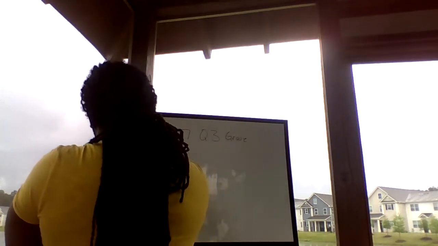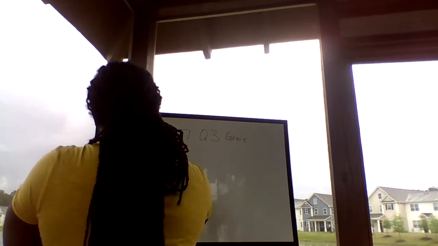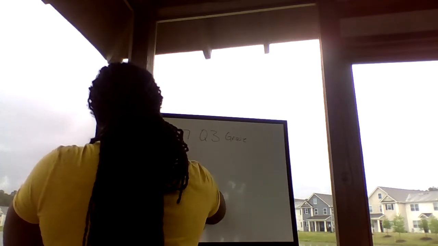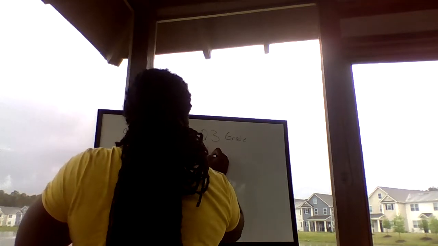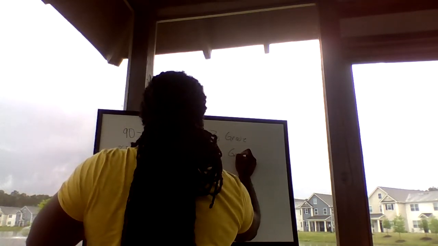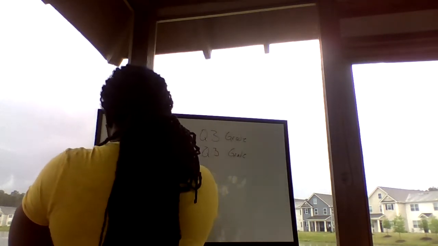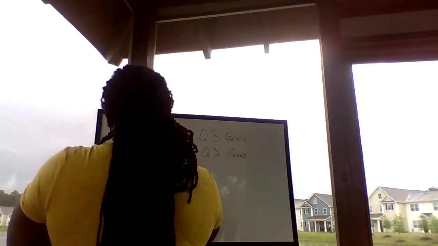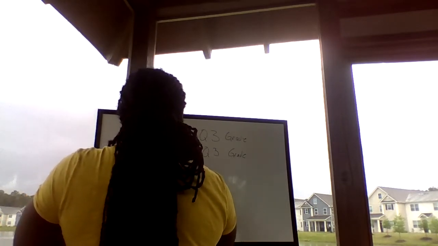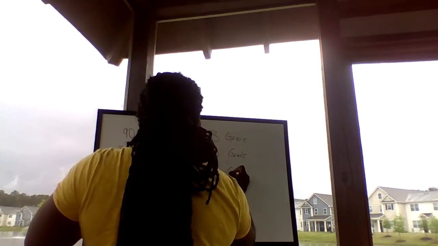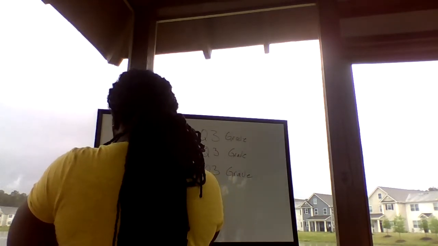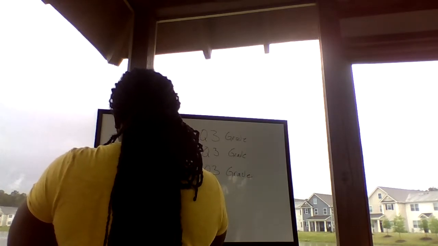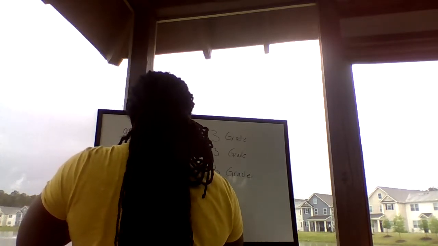If you make anywhere between an 80 and an 89, we're going to add 5 points to your quarter three grade. If you make anywhere between a 70 and a 79, we're going to add 3 points to your quarter three grade. And then 69 and below, no points.